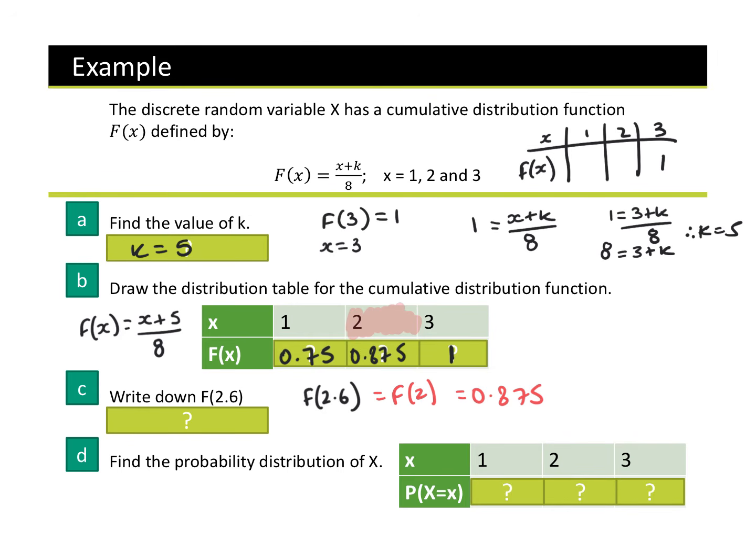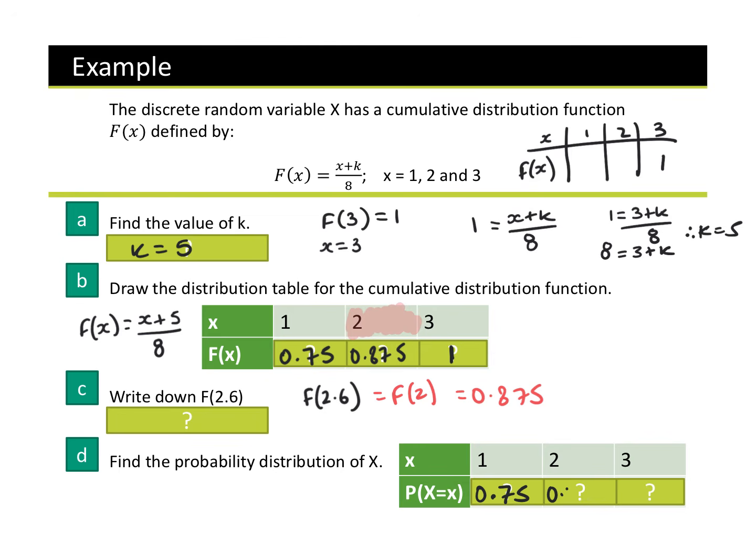It then wants you to find the probability distribution of x. So this time we're working backwards. So, we know the probability of 1 is 0.75. I haven't added anything to that. 0.75 plus what gives me 0.875?